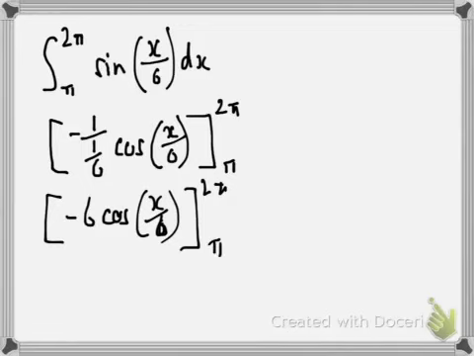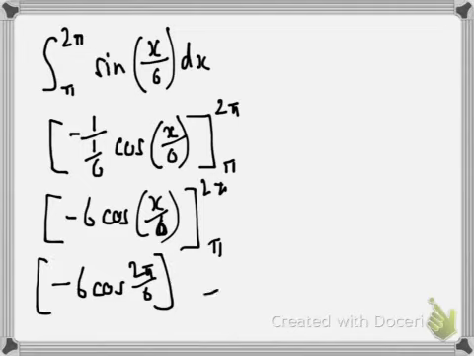Now we place in our two terminals. First of all, 2 pi. So it's negative 6 cos 2 pi on 6 minus negative 6 cos pi on 6.